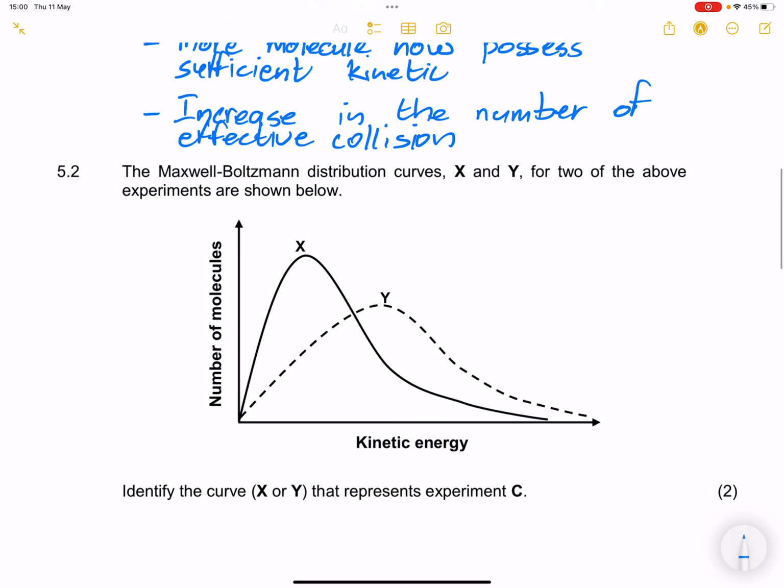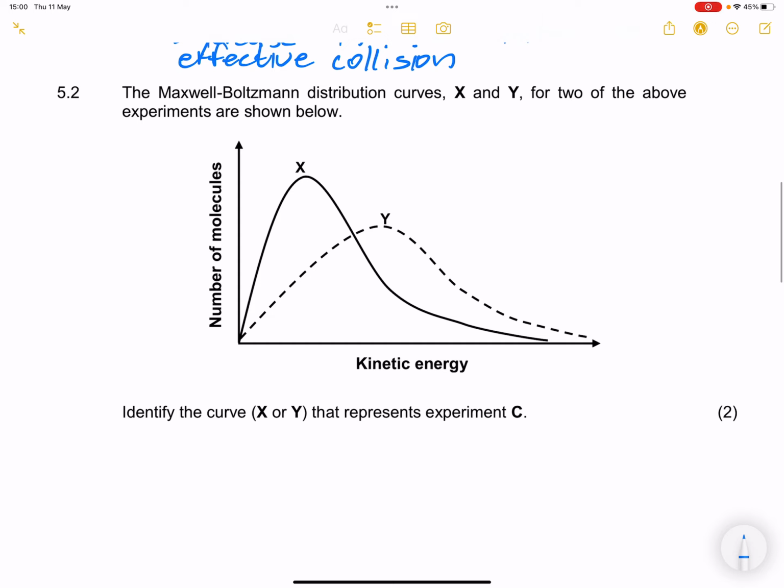Right, now let's go on to the Maxwell-Boltzmann distribution curves. They say the curves X and Y for two of the above experiments are shown below. Always keep in mind that whenever you've got a distribution that looks wide and has a lower peak, this is the one for higher temperature.